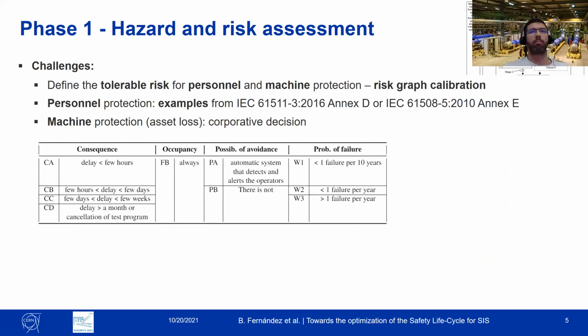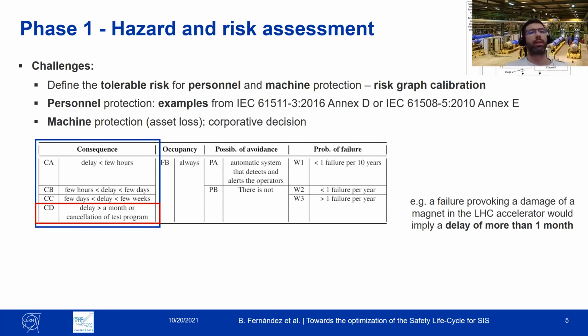Just to give you an example of some of the calibration that we have done for one of our projects, for the consequence parameter, we have calibrated based on the delay time or the downtime of the installation. For example, a failure in one of our projects provoking damage in a magnet of the Large Hadron Collider at CERN will imply a delay or a downtime of more than 1 month in the physics program.